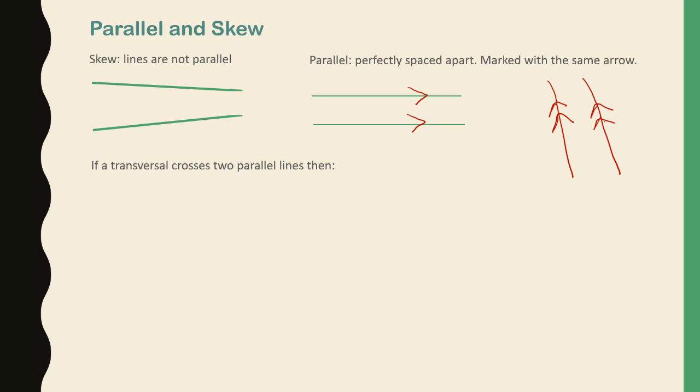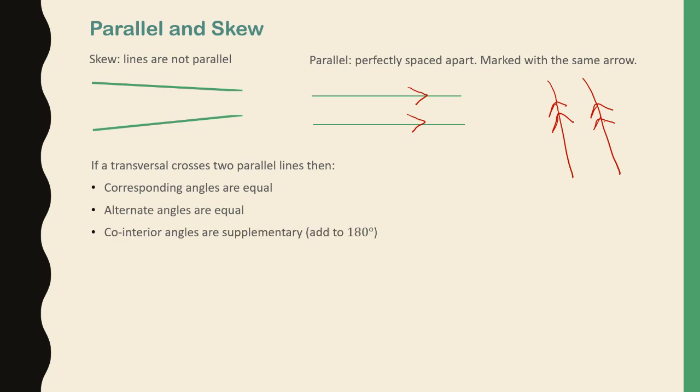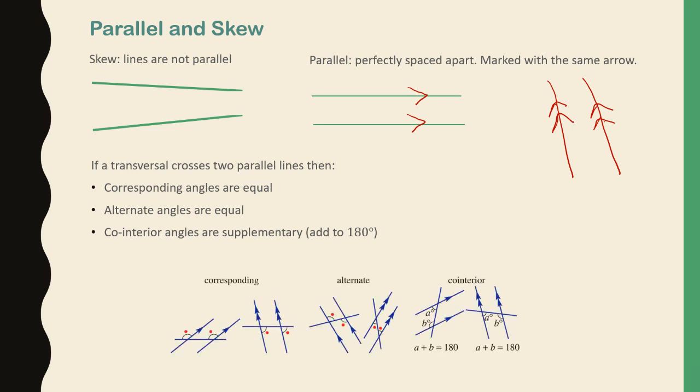If a transversal crosses 2 parallel lines, there's some special properties about the angles. Number 1, corresponding angles are equal, alternate angles are equal, and co-interior angles are supplementary, so they add up to 180 degrees. So if we have a look at that, these 2 angles are corresponding because they're in the same position.